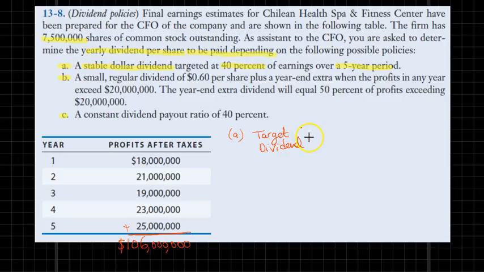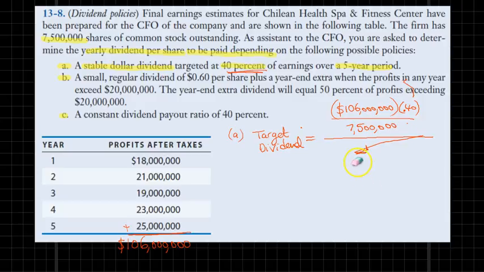is actually equal to the following ratio. It would be equal to $106 million, that's our total, multiplied by 40%, because that's the amount available to shareholders, 40% of earnings, and everything divided by 7.5 million shares outstanding.